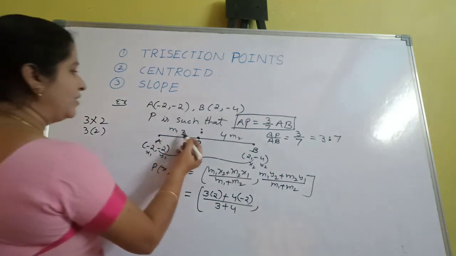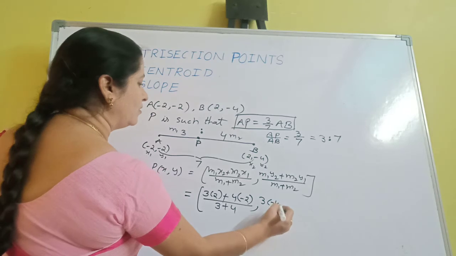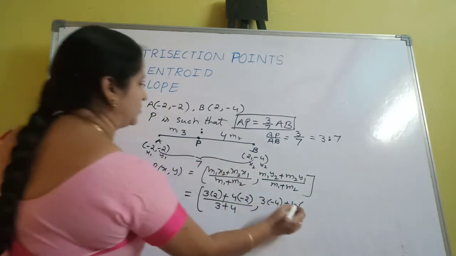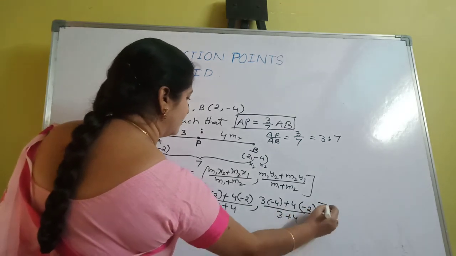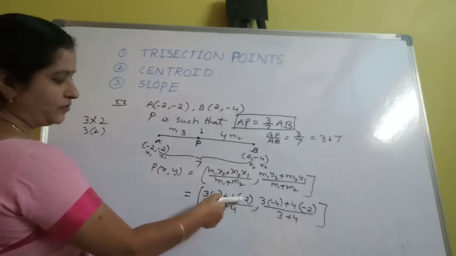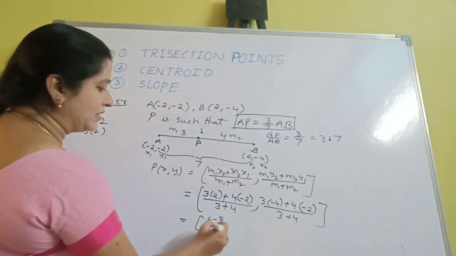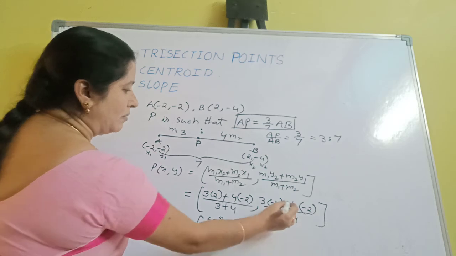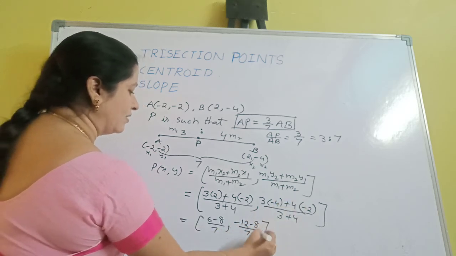You need not write the multiplication symbol here. Brackets always mean multiplication, so just write 3(2). Again m1 value 3, y2 value minus 4, m2 value 4, y1 value minus 2, by m1 plus m2, which is 3 plus 4. Simplify this. 6 minus 8 by 7, and minus 12 minus 8 by 7.